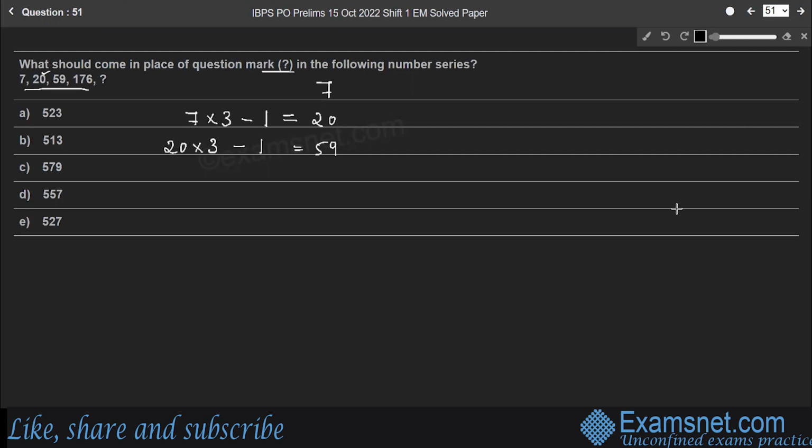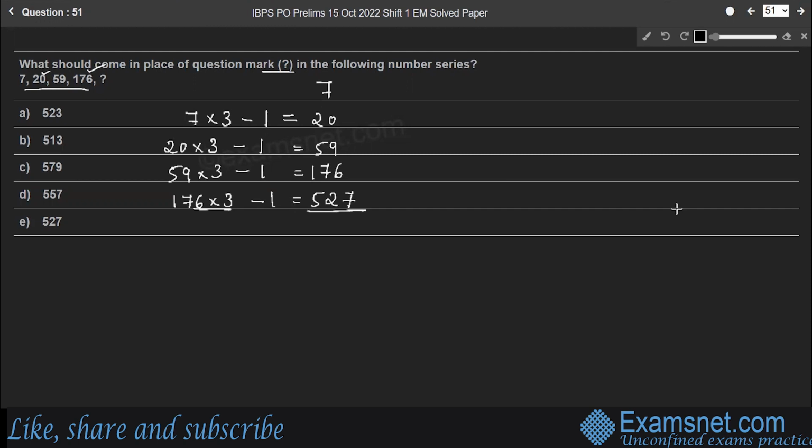So in the same way, 59, the third number, into 3 gives 177, minus 1 gives 176, which is the fourth number, right? Therefore, to get the fifth number, 176 should be multiplied by 3. You will get 528, right? Minus 1 gives 527.